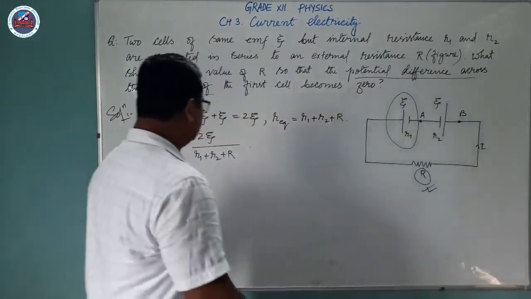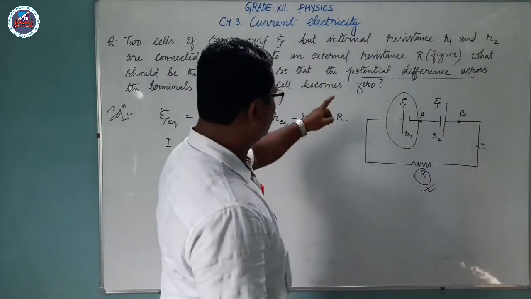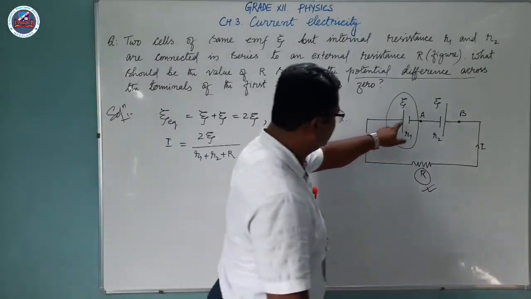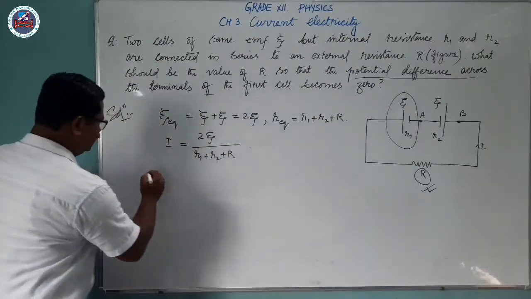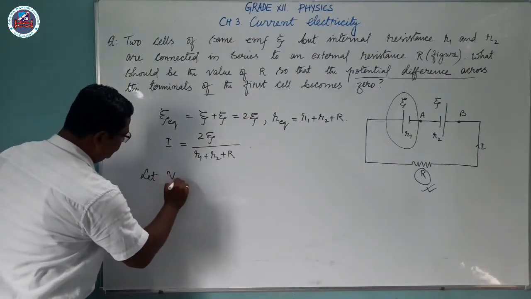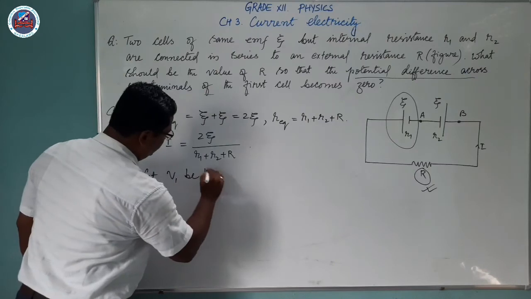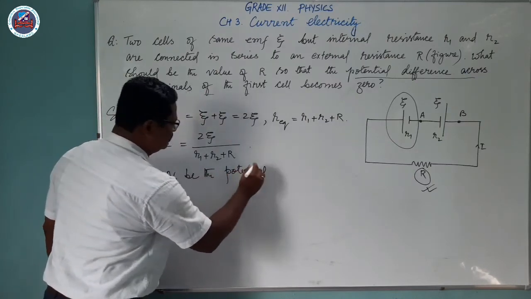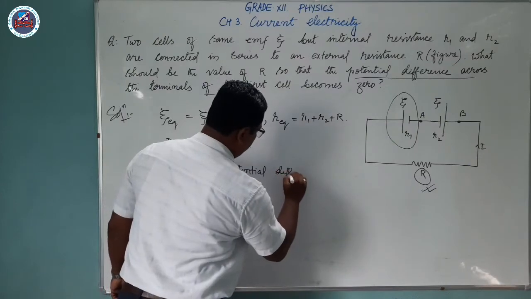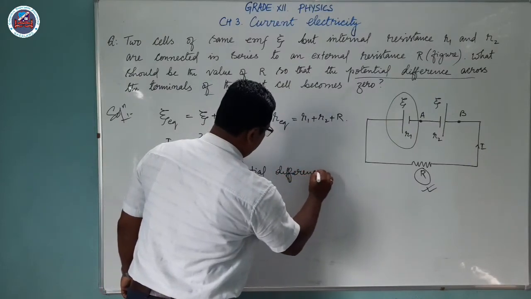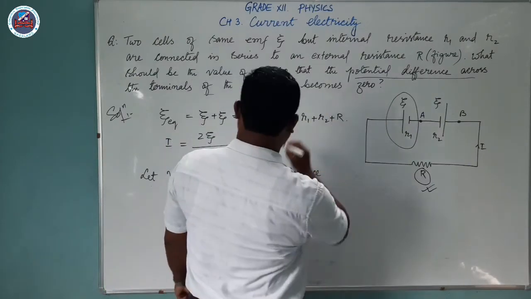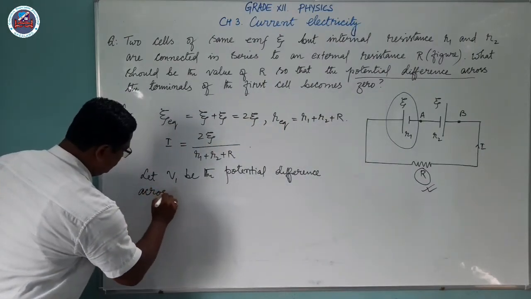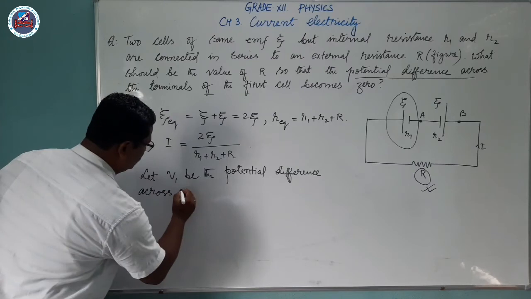Now, to find the potential difference across the first cell, you can assume let V1 be the potential difference across the first cell.